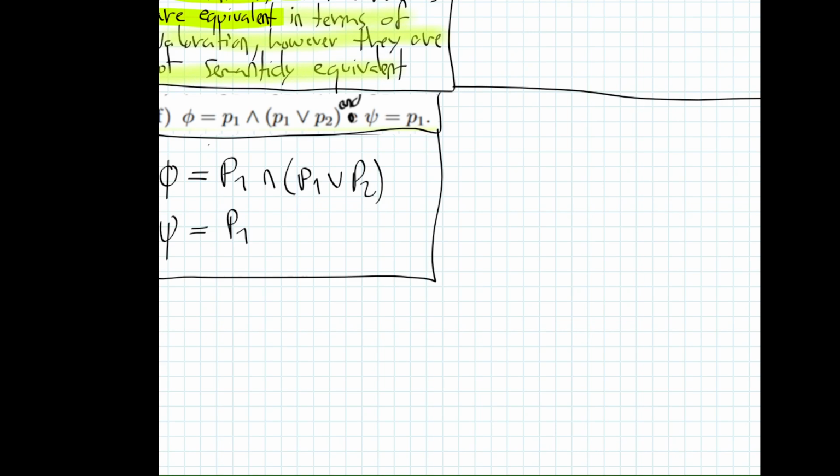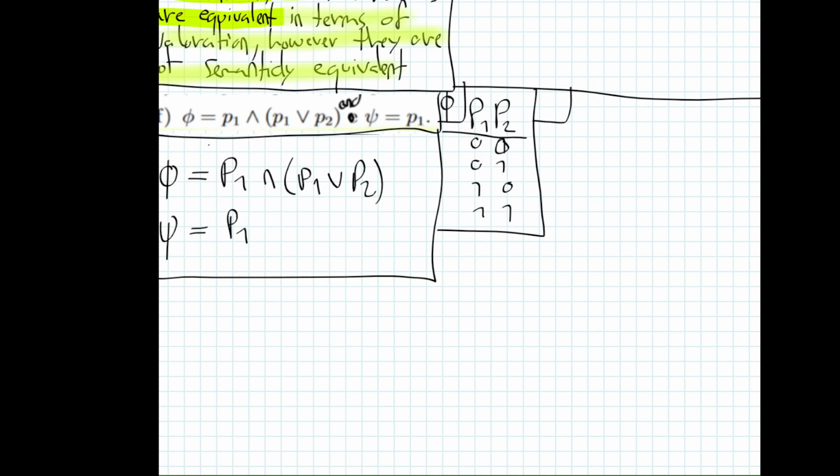So let's begin with the truth table. P1, P2: 0 0, 0 1, 1 0, 1 1. That's for both of them. Let's say we define this table as the truth table for phi with both these variables.